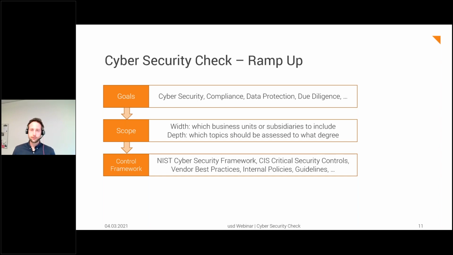If you're using something external, this could be from NIST, PCI, the Center for Internet Security, or even Microsoft best practices, if you really want to make sure your Azure usage follows along the Microsoft best practices. Everything can work here. You could also go for some kind of hybrid approach.